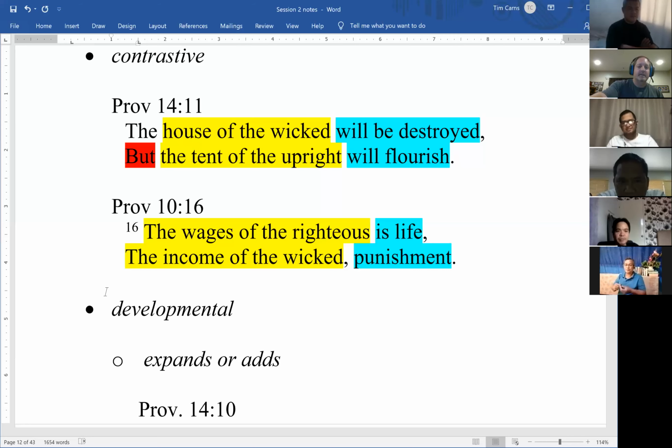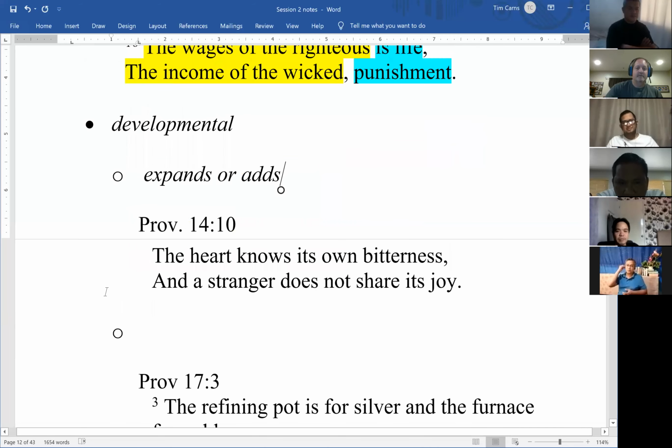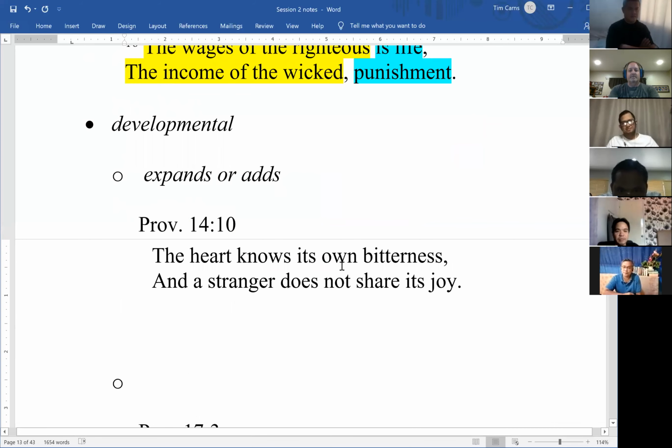So here's an example. The heart knows its own bitterness, and a stranger does not share its joy. Now notice these aren't two parallel statements. They're not synonymous, right? Because he doesn't say, and the soul knows its sorrow. No, he says something about the heart, and then here he adds more information. What is the it's here being referred to?